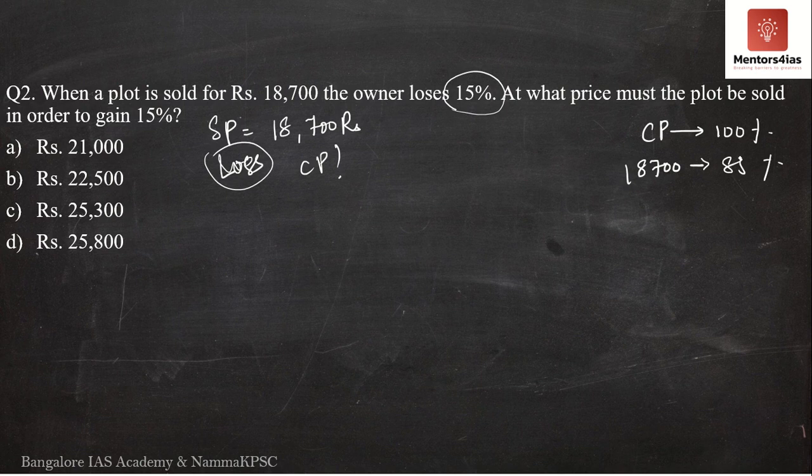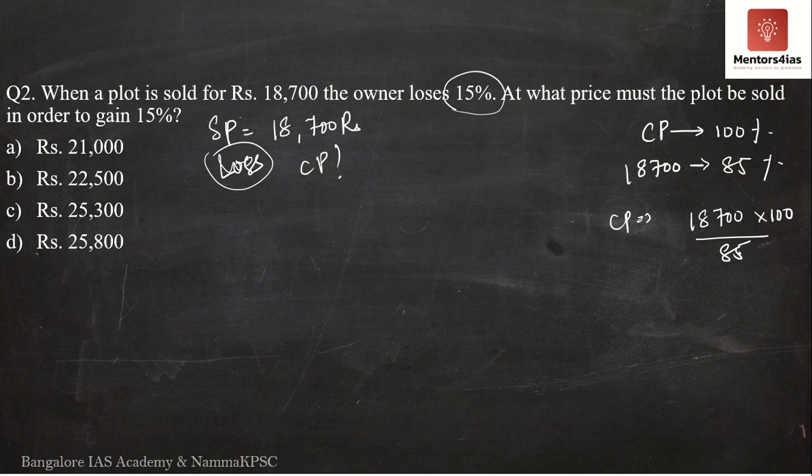Why? Because the plot is being sold at a 15% loss. Therefore, it is 85%. Then can't we determine the cost price? Cost price is nothing but 18,700 into 100 divided by 85.